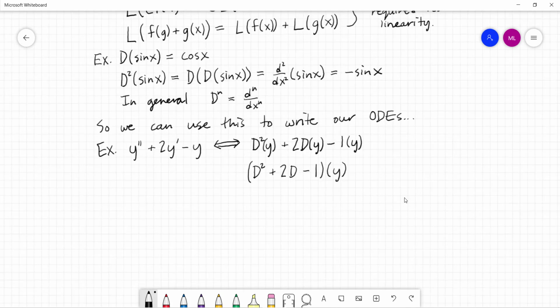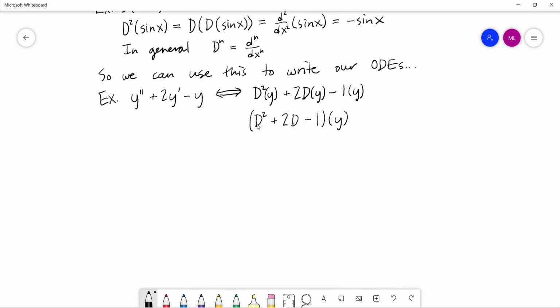So this is a linear operator. This right here is a linear operator. And even if there were x's in here, it would still be a linear operator because, so this is a linear operator.